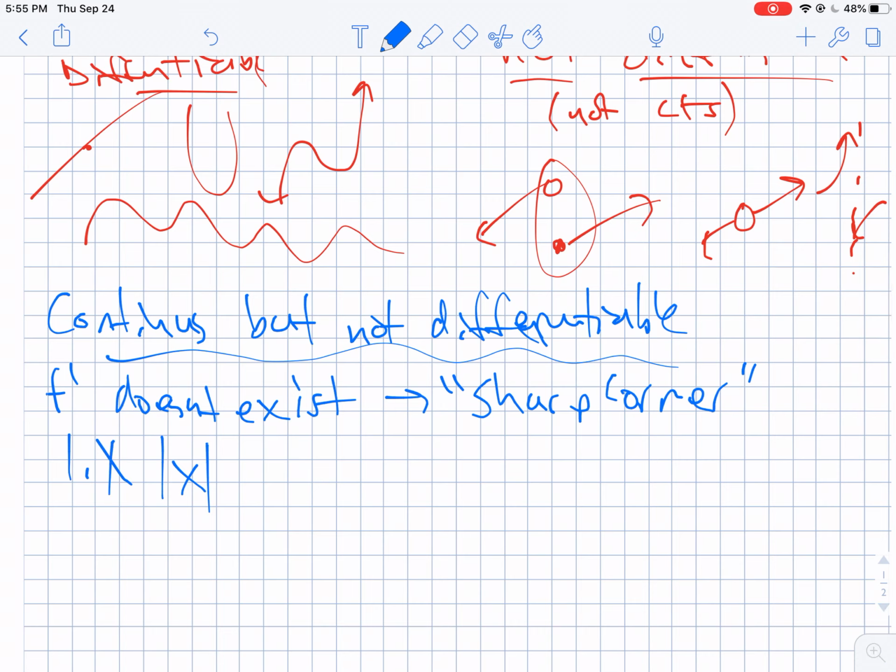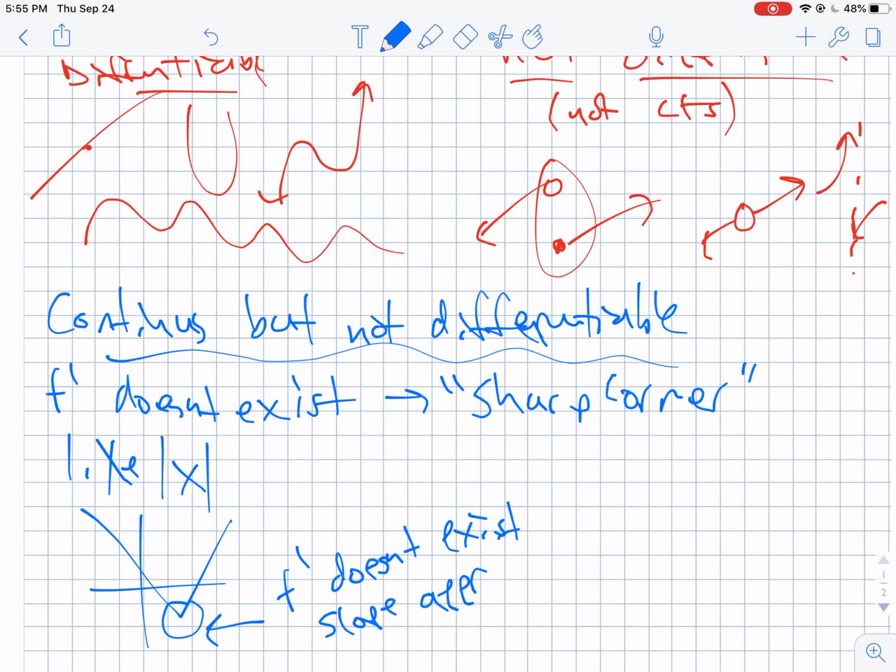If you have a sharp corner at this point, you can't really draw a tangent line. And f prime doesn't exist, not just because you can't draw a tangent line, but also because the slope approaches different values on both sides. If it was a parabola, it approaches 0 on both sides. But in this case, at that sharp corner, the slope is approaching different values on each side.